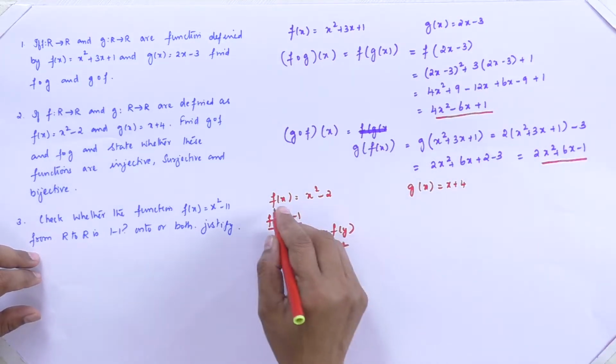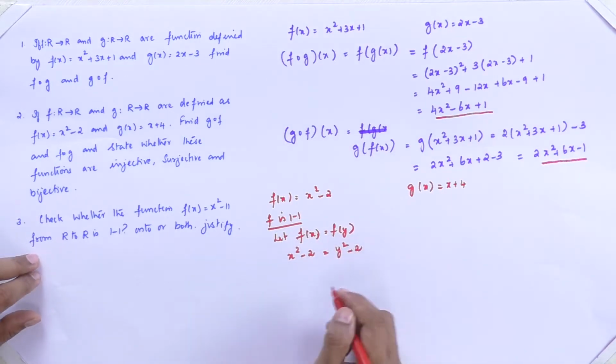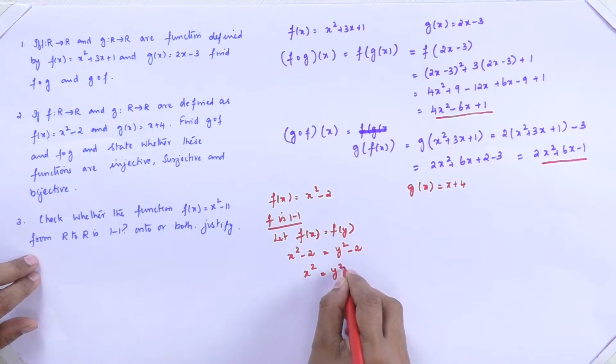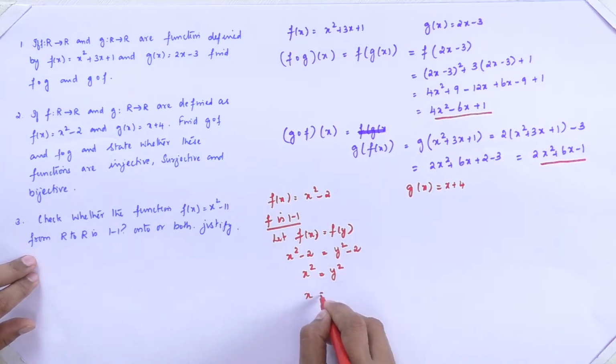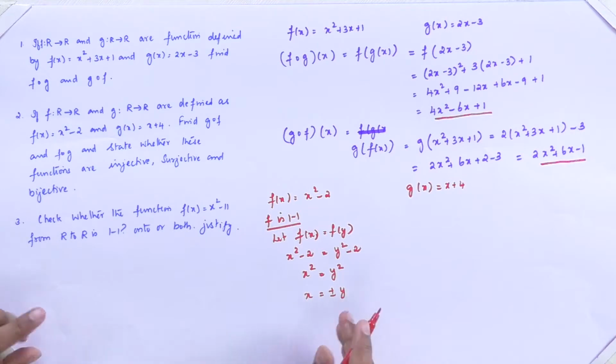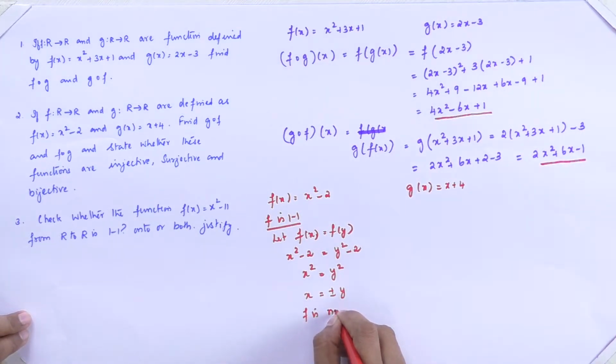In the place of x you replace y square, so minus 2 will go off. I get x square equal to y square, or x equals plus or minus y. See here, I have got x mapped onto y as well as onto negative y. Therefore, f is not 1 to 1.